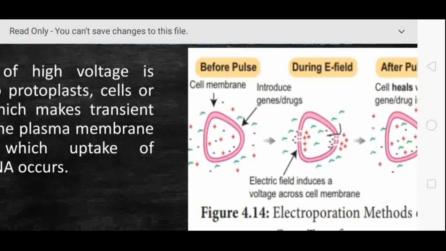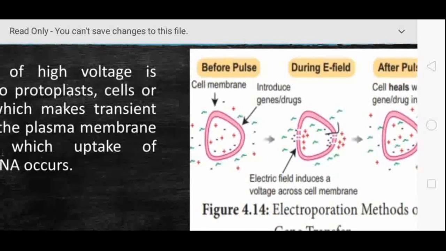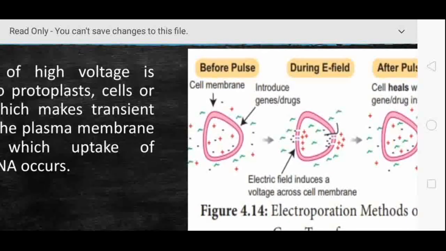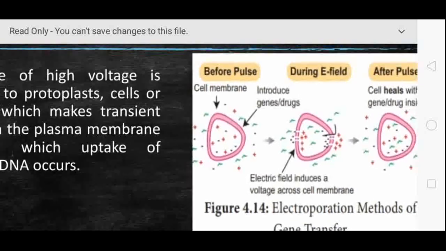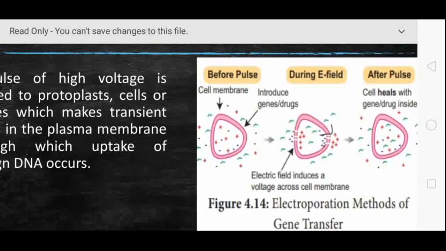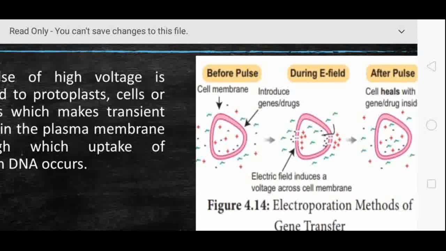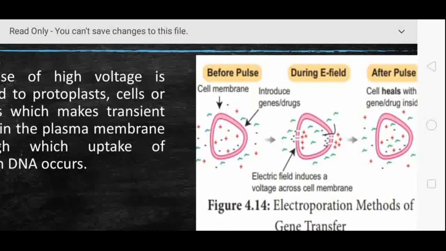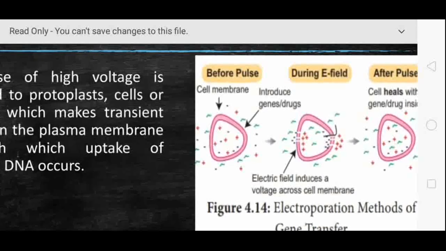As a result, the outer particles of the genes, because of the charged particles, the positive charge forcing to go in the opposite direction, this can attract the negative charge particles. As a result, the DNA of our interest can enter into the host cell through a vectorless method. So the charged particles make a temporary hole in the plasma membrane, and the DNA can enter into the host cell.